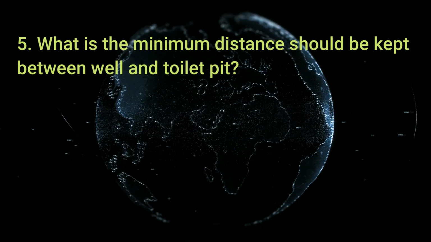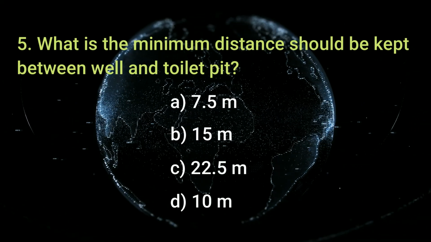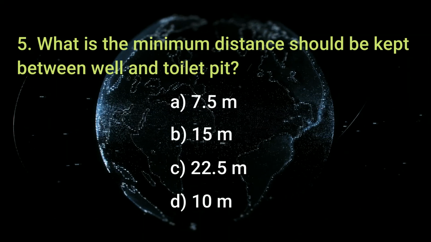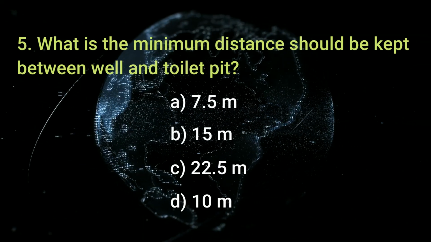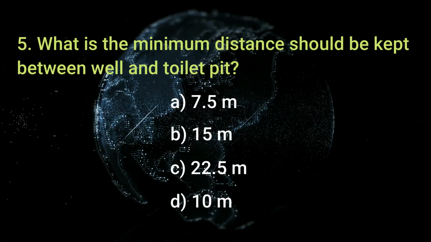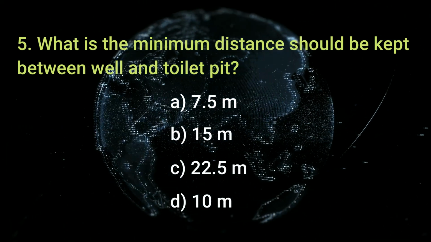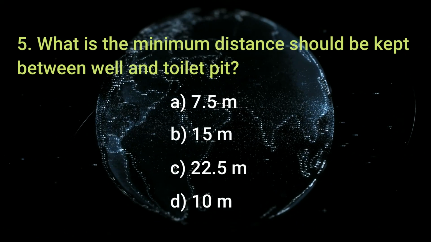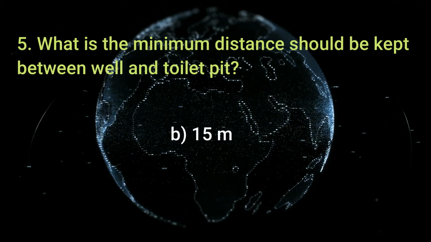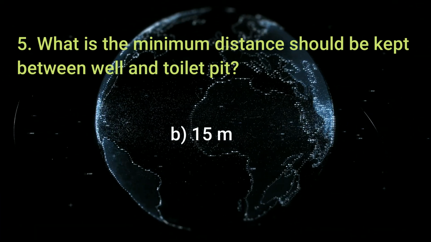What is the minimum distance that should be kept between a well and a toilet pit? The answer is B. 15 meters.